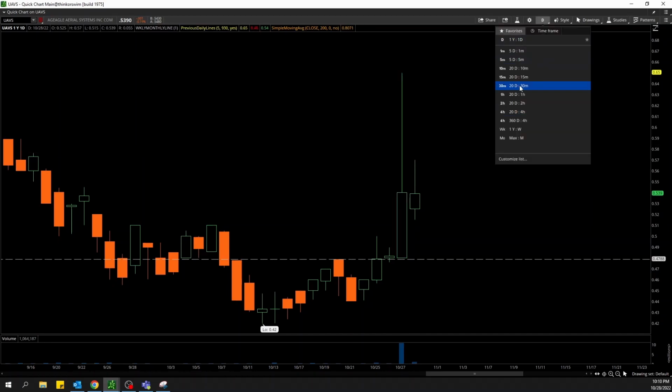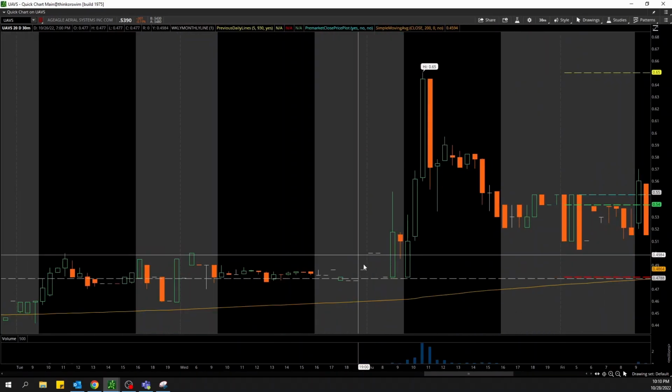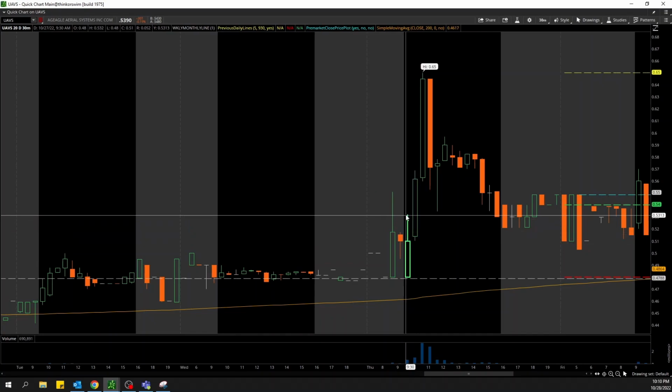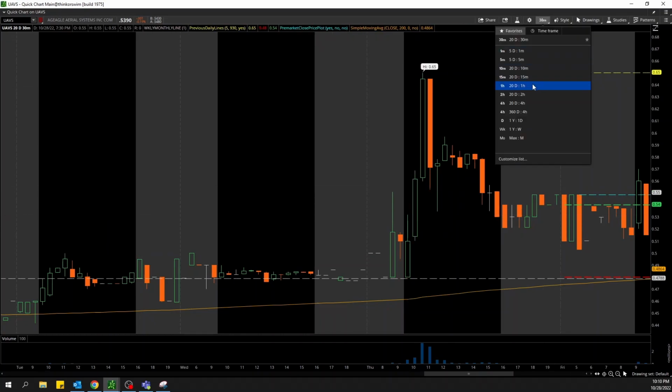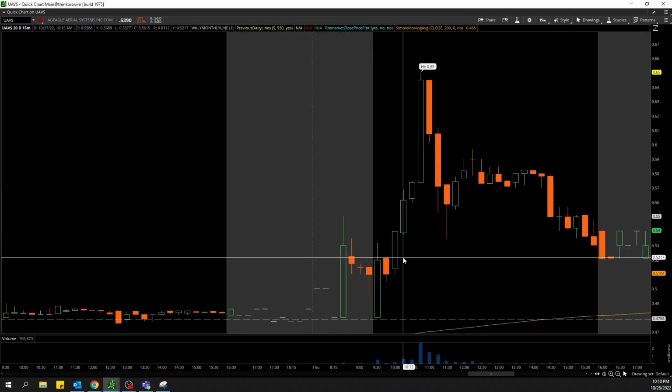So let's kind of break that down to the 30-minute. Go back to the 30-minute. As you can see, we had first 30-minute candle right here. So we had our opening price range, OPR, on this at 30 minutes, and then we had a takeout right here. So let's break this down to the 15, and then here's our pullback.